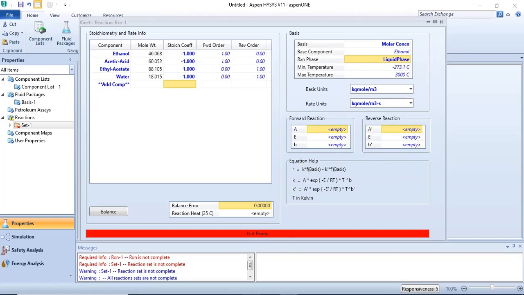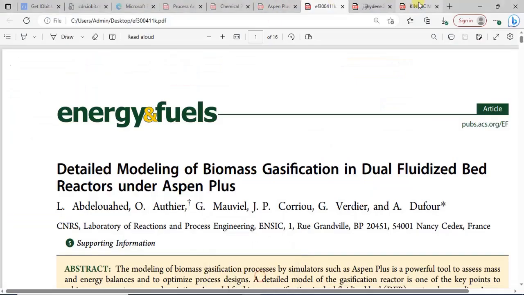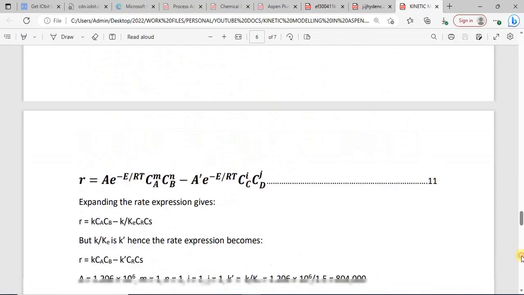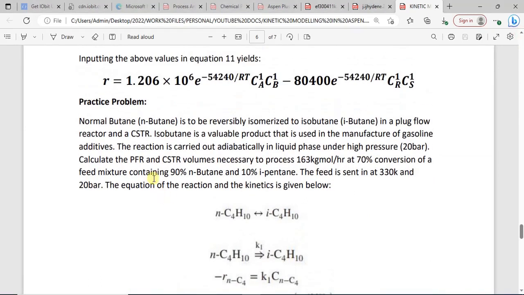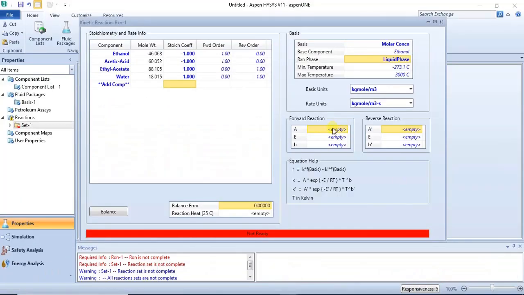So yes, going back to this, from our final expression, we have 1.206 E6.